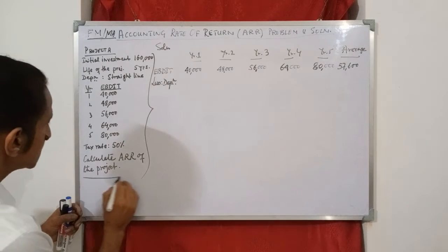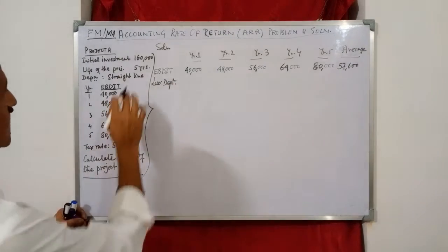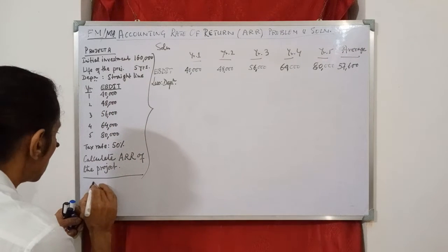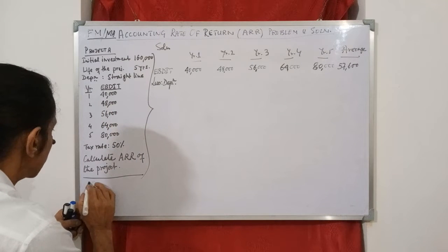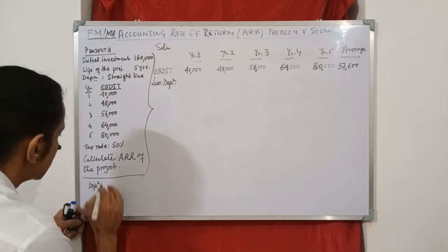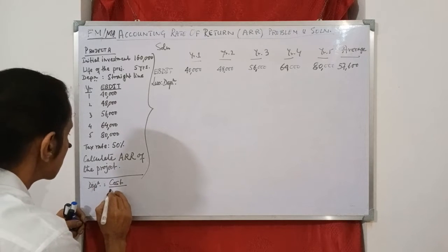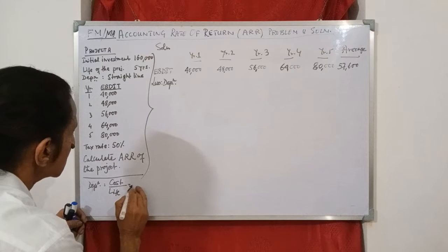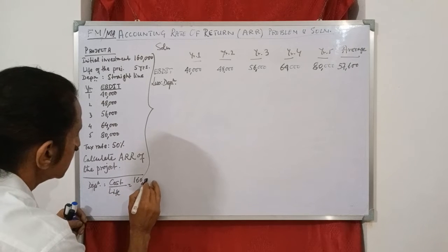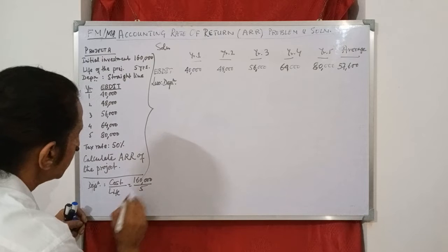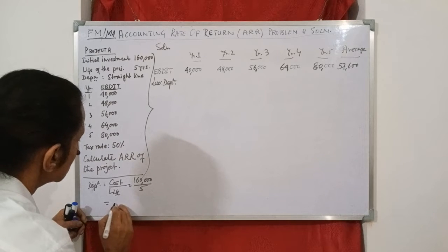Now what is depreciation? How much would be the depreciation? Depreciation in straight line method is cost divided by life, that is 160,000 divided by 5, that comes to 32,000.